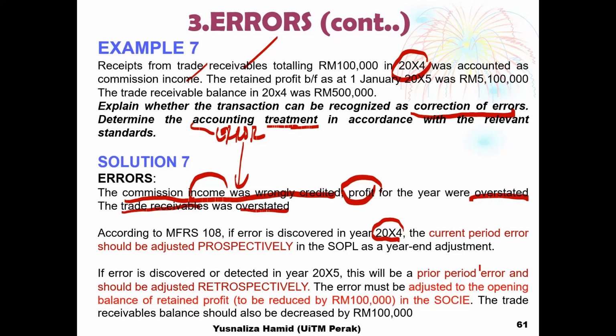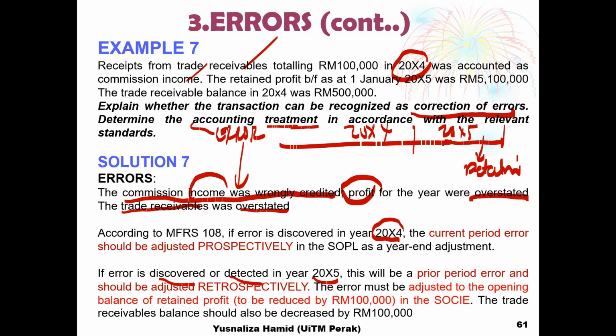However, if the error is detected in year 20x5, that detection of error relates to the prior period.